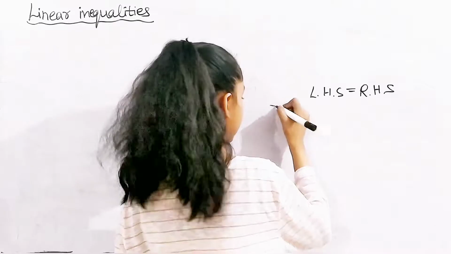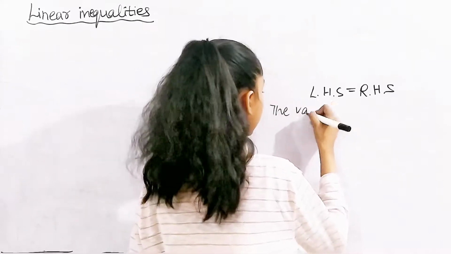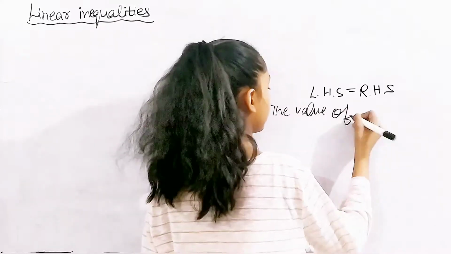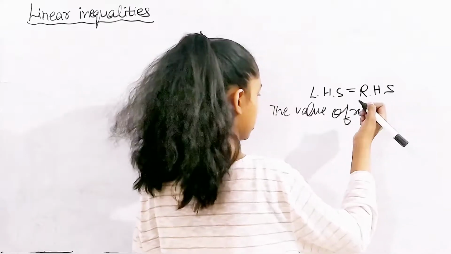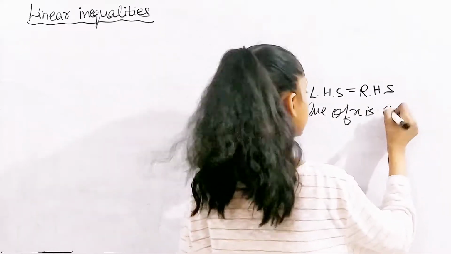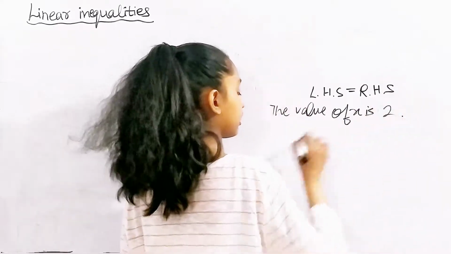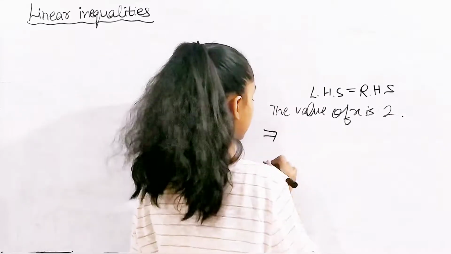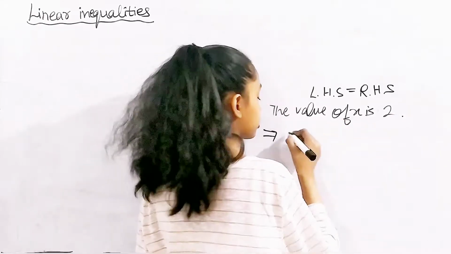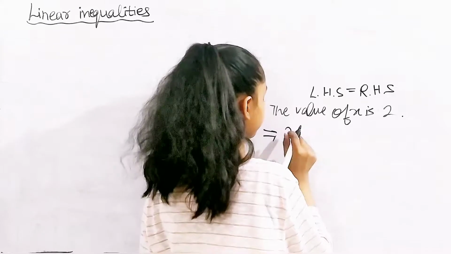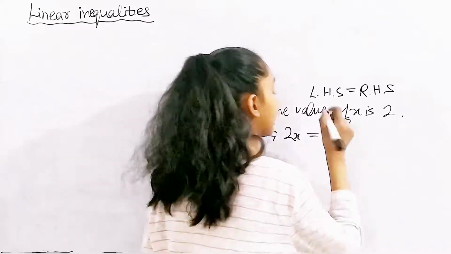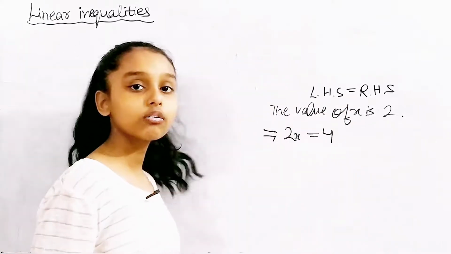If I say that the value of x is 2, got it? An equation is given to us, 2x is equal to 4. So is it true?